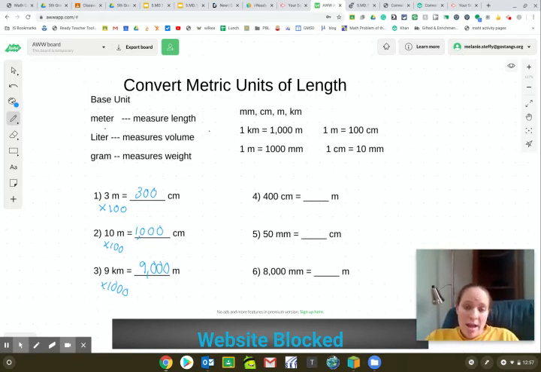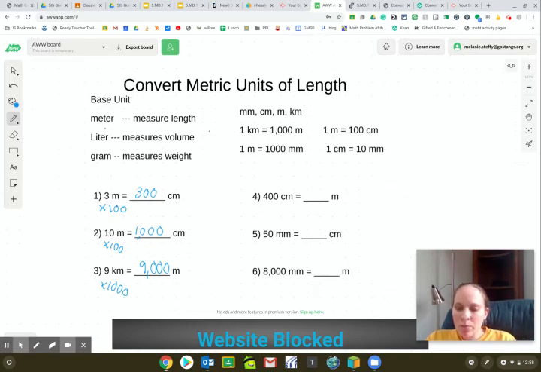Number 4, I have 400 centimeters is how many meters? If you think about this one, this is the first time where I have a smaller unit. Centimeters are smaller than meters. So if I look up at my chart, I see that 100 centimeters is equal to 1 meter. In this case, I have 400 centimeters.